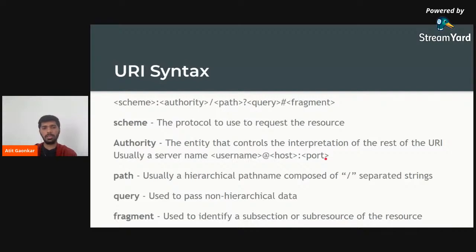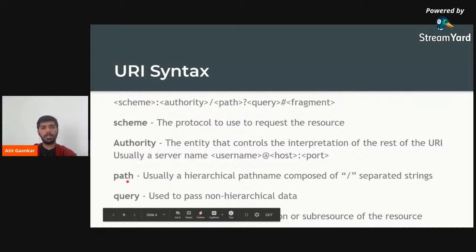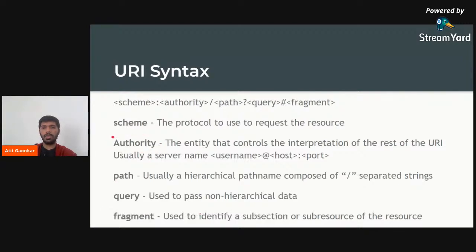That is basically the same thing, because the port is generally 80, since it's a web port, right? Web service. The next is the path. From this authority, the path tells you what resource you're trying to access or request.